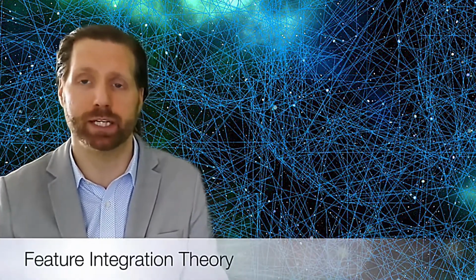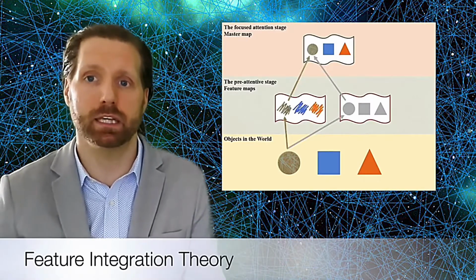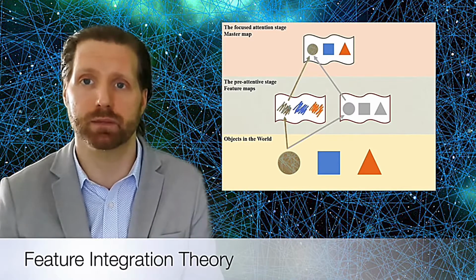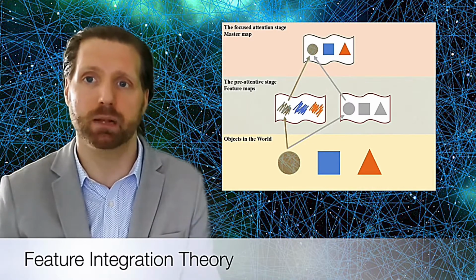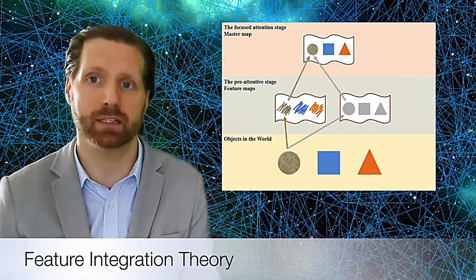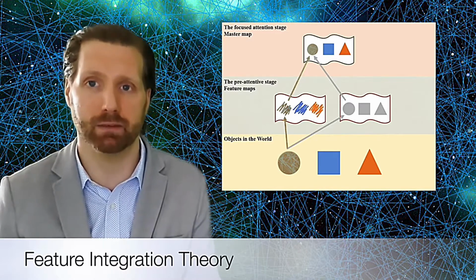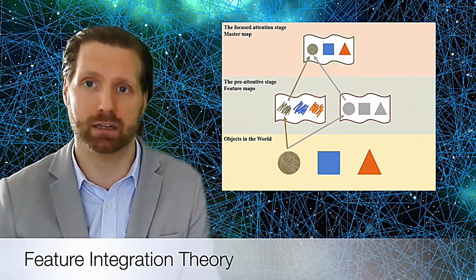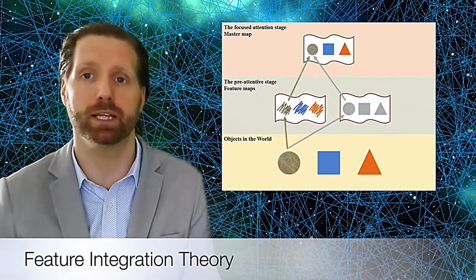This research finding, among others, supports an explanation for the binding problem called feature integration theory. According to this theory, sensory inputs are processed in a series of stages. First, the constituent components of the object are analyzed, what is known as the pre-attentive stage. Next, the individual components just processed are combined through focused attention.